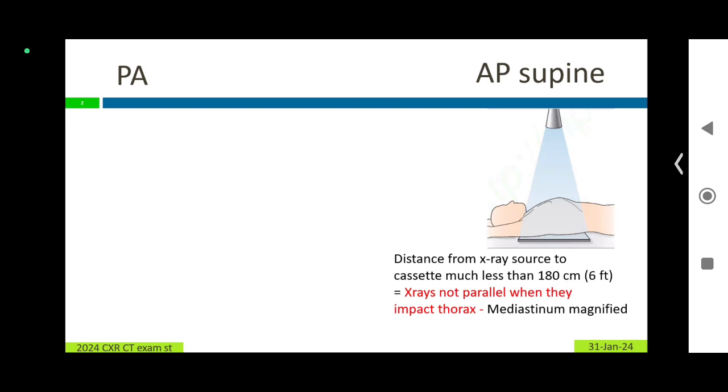The X-ray beam passes from the anterior to the posterior chest wall. The cassette is behind the posterior chest wall. So whatever is there in the anterior mediastinum will be magnified because the X-rays hitting the anterior chest wall are not parallel when they hit it.